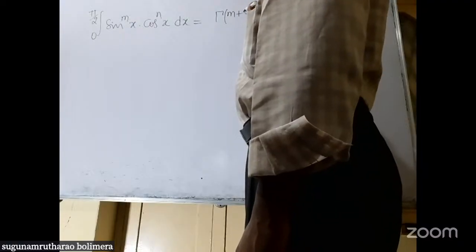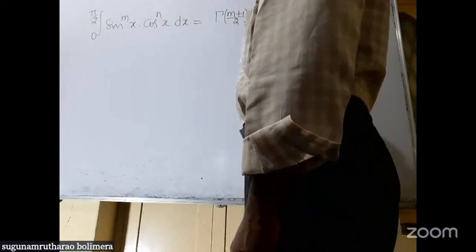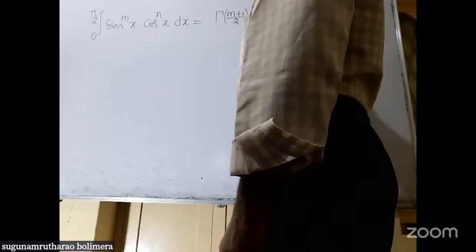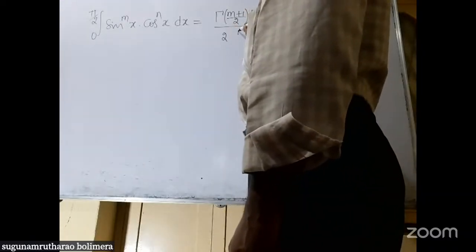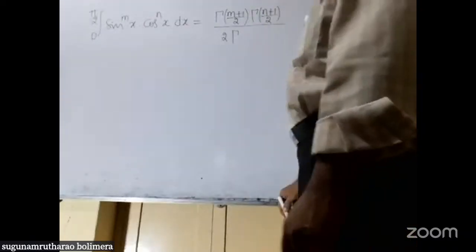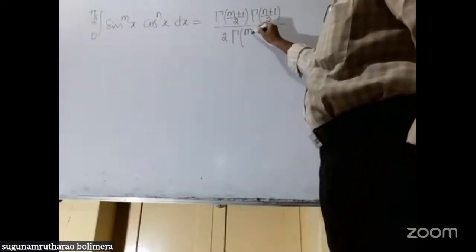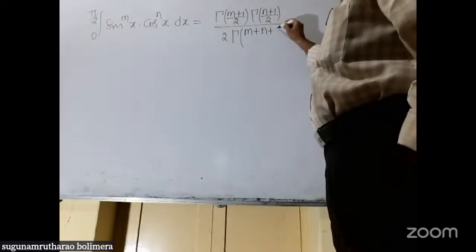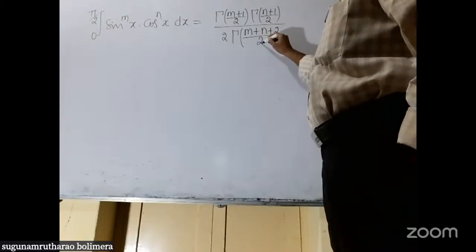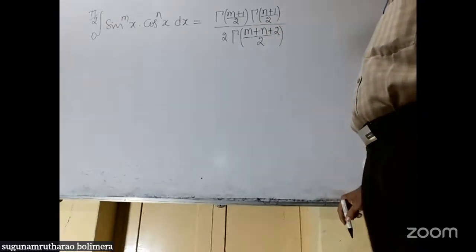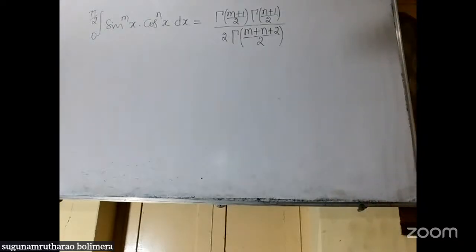gamma of m plus 1 by 2 into gamma of m plus 1 by 2 whole divided by 2 into gamma of m plus 4 by 2 into gamma of m plus 2 by 2.